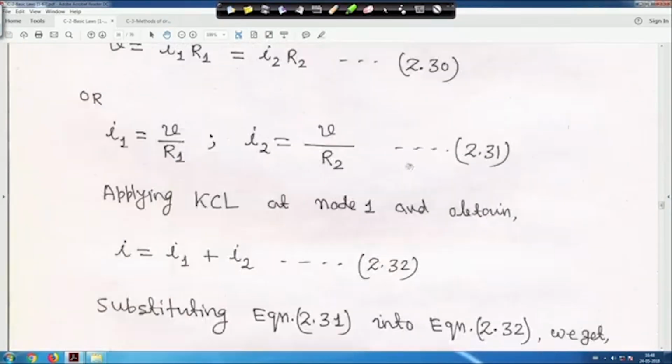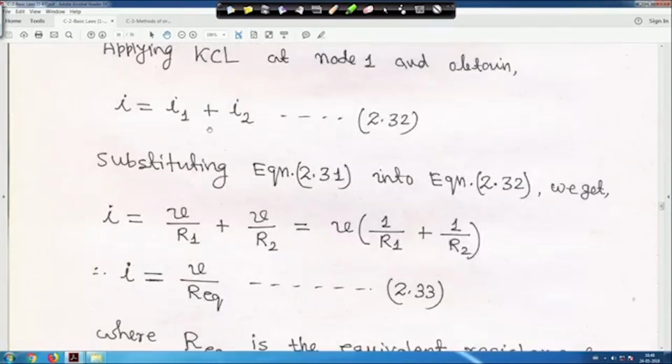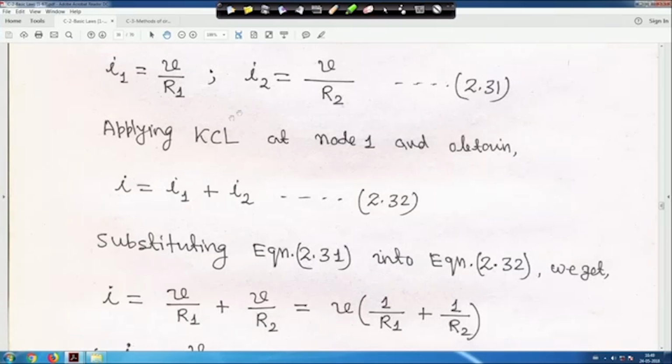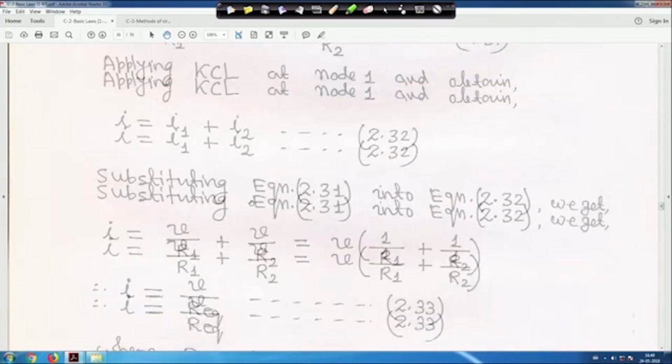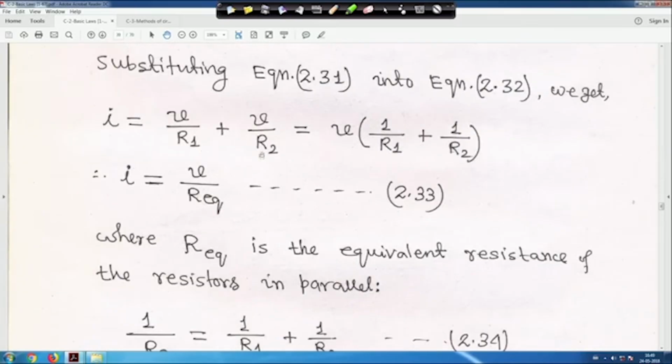Substituting I1 is V upon R1 and I2 is V upon R2, so I will be V upon R1 plus V upon R2, which is V times 1 upon R1 plus 1 upon R2, or I is equal to V upon Req, right.